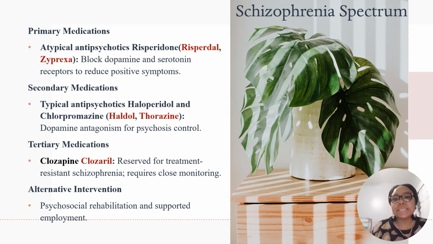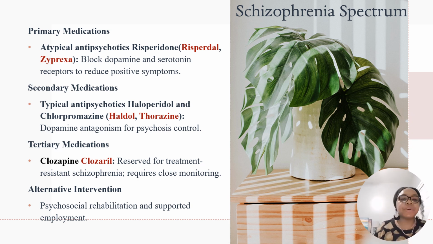Next, we're looking at the schizophrenia spectrum. So we have our primary medications, which could include Risperdal or Zyprexa, which block the dopamine and serotonin receptors to reduce positive symptoms. Then we have the secondary medications, which could be an example of Haldol or Thorazine, which is a dopamine antagonism for psychosis control.